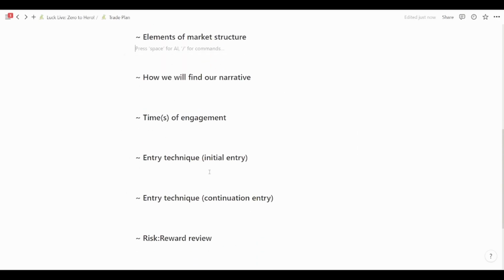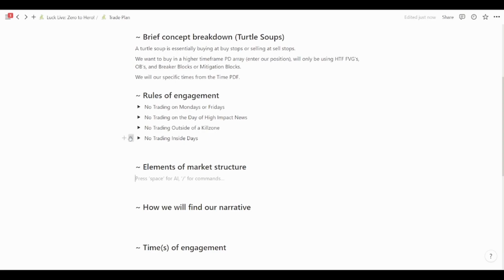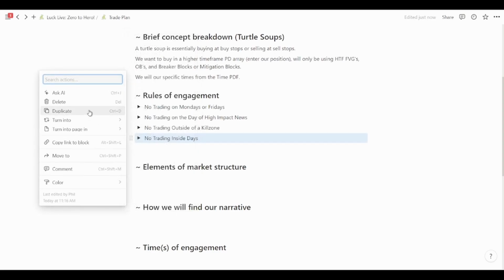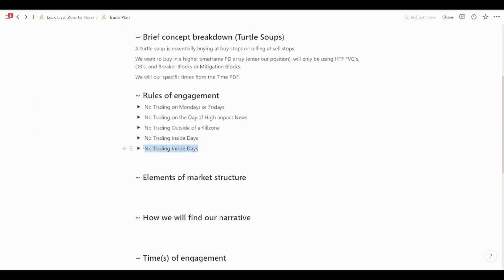So, elements of market structure, we're going to be looking into rules of engagement. Another thing I have to add to that is prior session must be choppy.